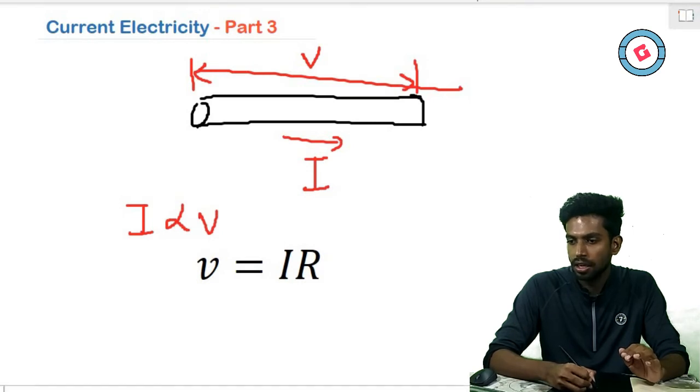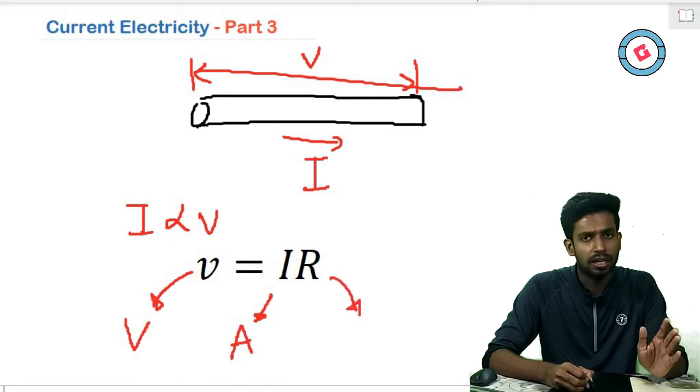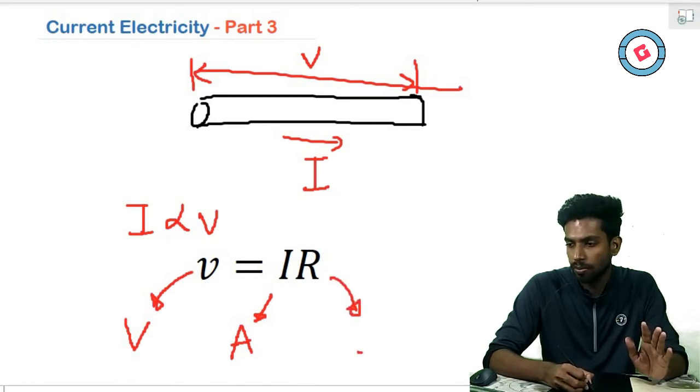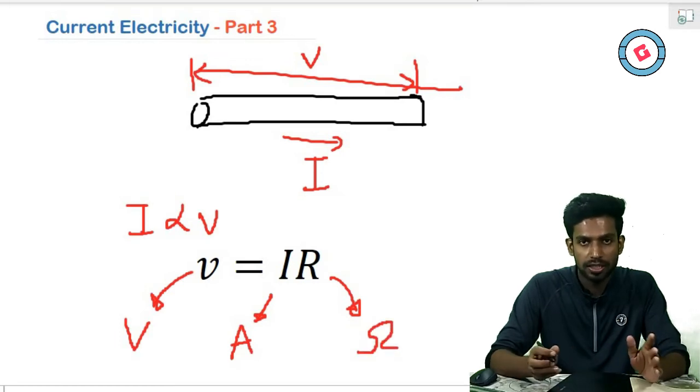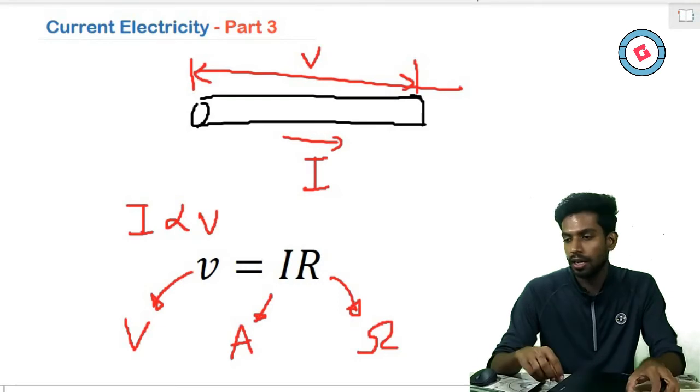V is potential difference, which is measured in volts. I is electric current measured in amperes. R is the electrical resistance measured in ohms. V, I, R, all these physical quantities are scalar quantities.